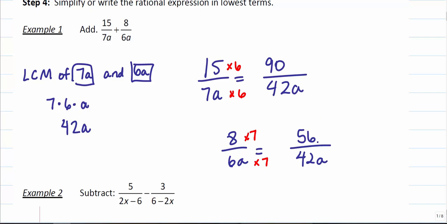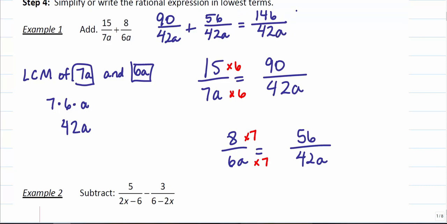So these are the two fractions I'm able to add now. So now I can say 90 over 42a plus 56 over 42a equals, well, if I add the numerators, I get 146 over 42a. So I add the numerators and keep the denominator when it's like.